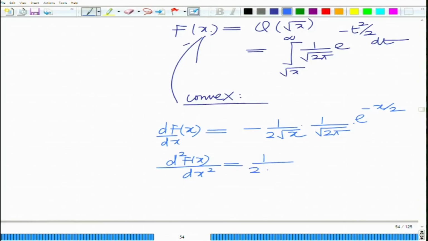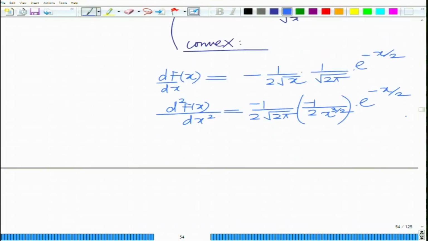So, this is minus 1 over 2 square root of 2 pi, derivative of 1 over square root of x, that is half x to the power of 3 by 2, and there is a minus sign, times e raised to minus x by 2, minus 1 over again 2 square root of 2 pi, 1 over square root of x times derivative of e raised to minus x by 2, which is minus half e raised to minus x by 2.